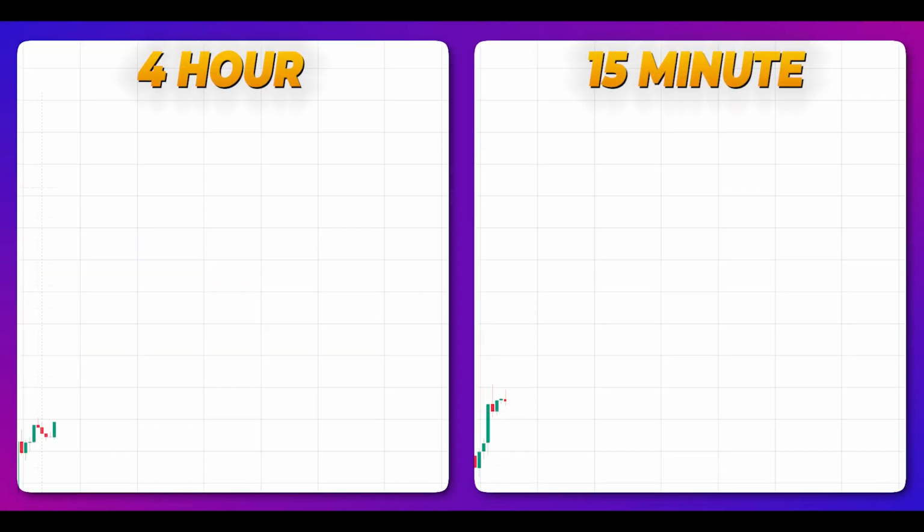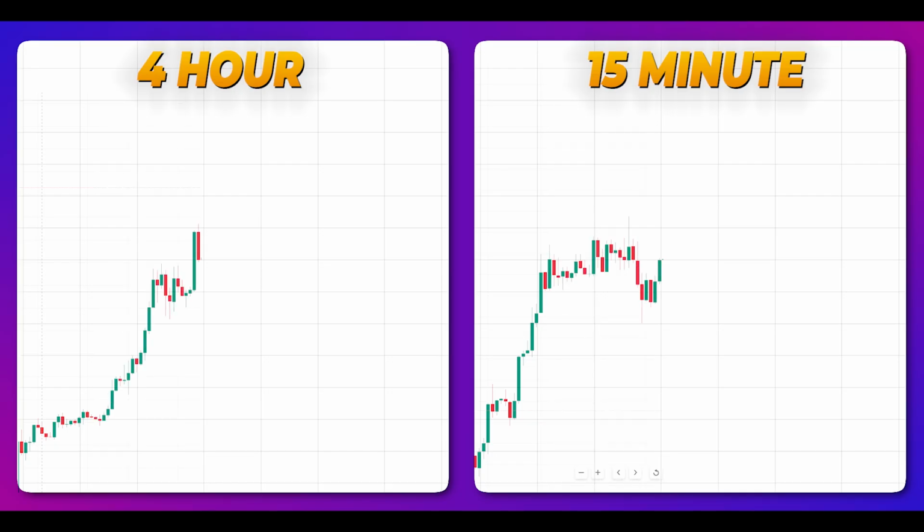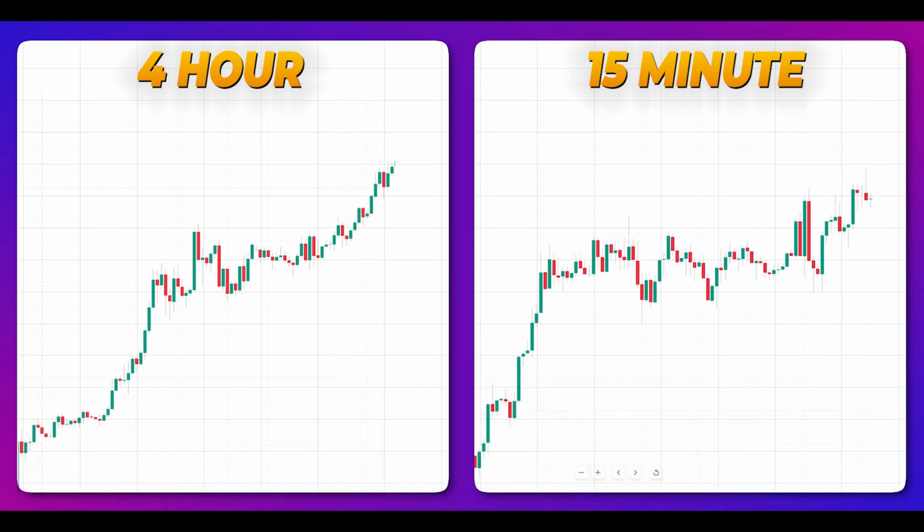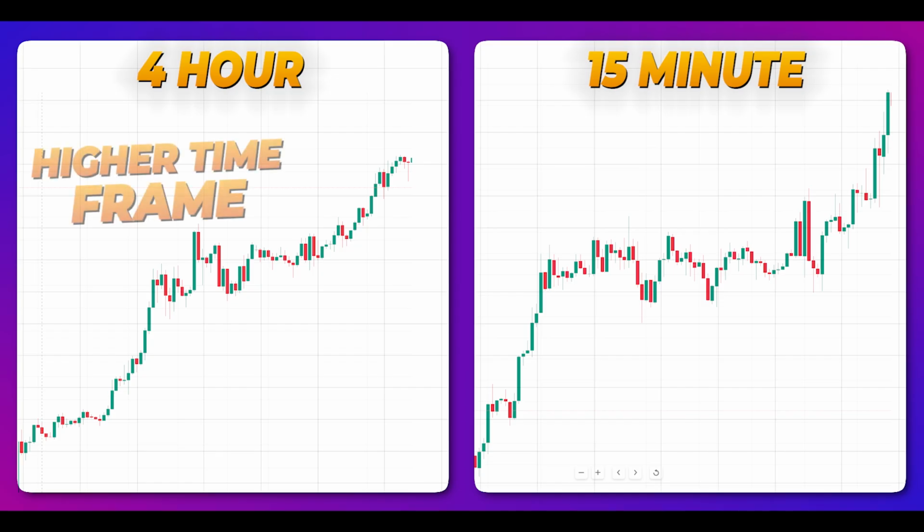Now, I want to teach you one more important concept that increases sniper entry accuracy even further. This concept is called HPZ, High Probability Zone. High Probability Zone means a situation where both time frames show the same trend. If the higher time frame is bullish, then you should only take bullish trades on the lower time frame.